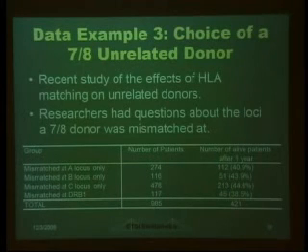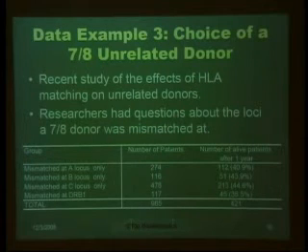This is the last example, the choice of a 7 out of 8 unrelated donor. So this is also bone marrow transplant data, and when we have unrelated donors, the researchers were interested to know the effects of HLA matching on unrelated donors.